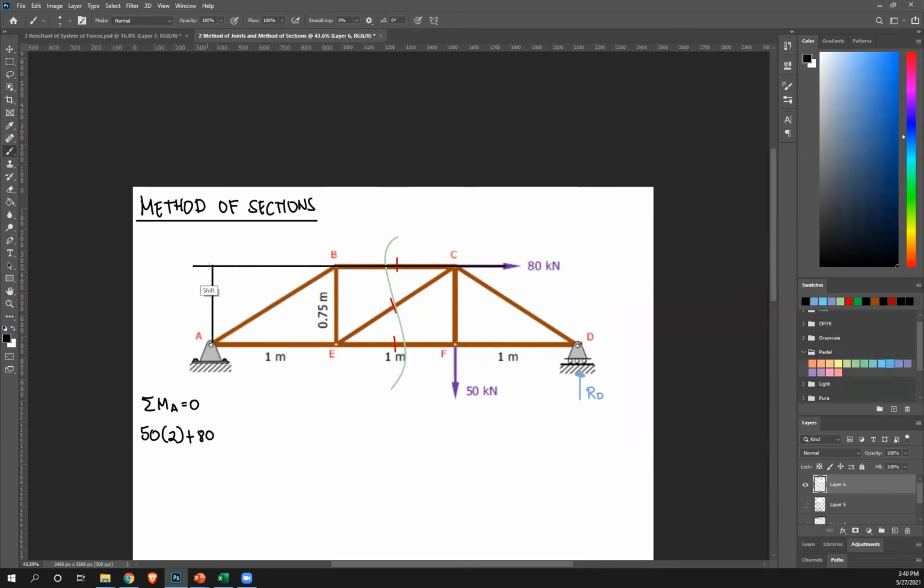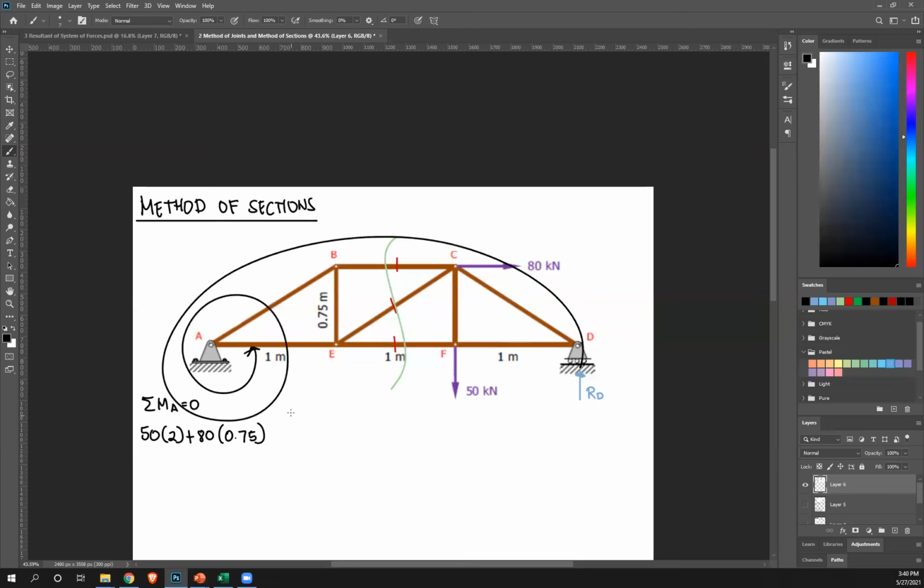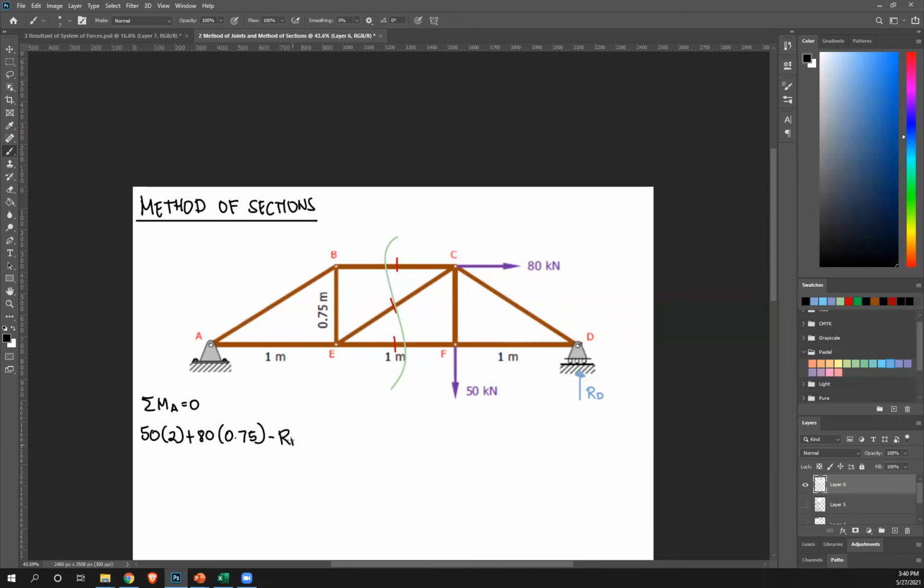And then this is the perpendicular distance, which is equal to 0.75. So times 0.75. What else? We have RD. Rotate RD about A. That's counterclockwise. So minus RD. Perpendicular distance, that's this length. So that's 1, 2, 3. There's no other force, so equate that to 0. Please solve what's RD.